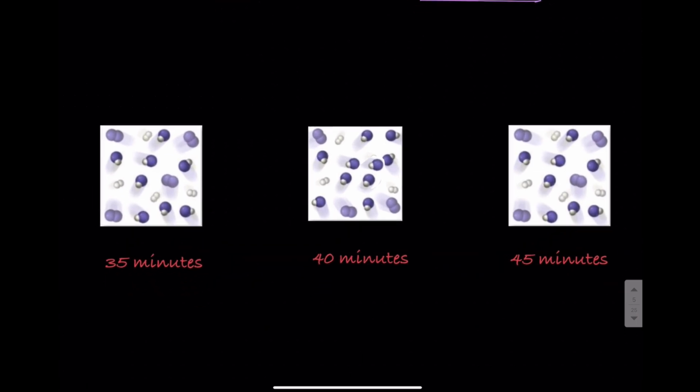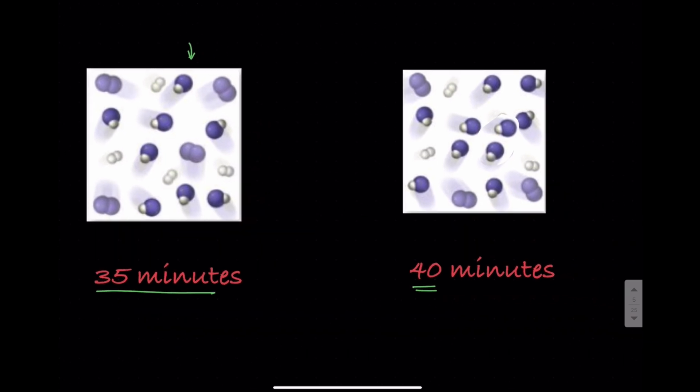So let's look at the reaction mixture at 35 minutes. Remember, at 35 minutes, just beyond 32 minutes, we had already reached an equilibrium. So let's say at 40 minutes the reaction went forward and we had more of the product, slightly more than the reaction mixture at 35 minutes.